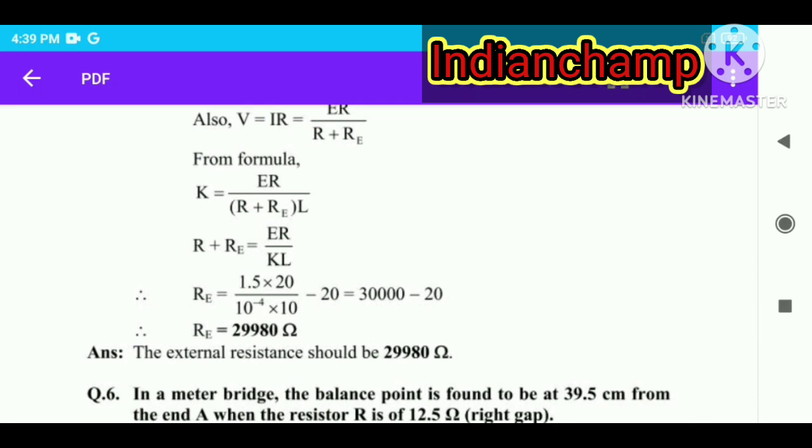Therefore, RE is equal to 1.5 into 20 divided by 10 raised to minus 4 into 10, minus 20, is equal to 30,000 minus 20, RE is equal to 29,980 ohm. Answer. As it is a word problem, in the answer we write the external resistance should be 29,980 ohm.